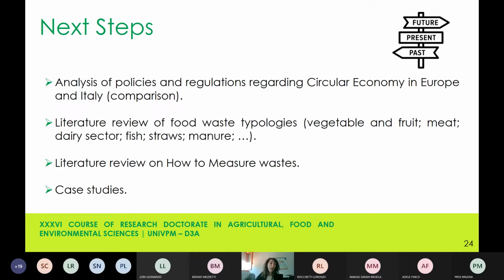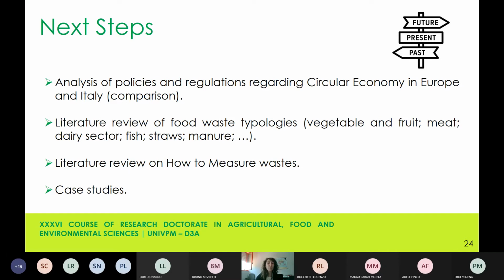So the next steps of my research will be, first of all, to analyze the policies and the regulations regarding circular economy and bioeconomy in Italy and in Europe, making some comparison, in particular with outbound countries, like, for example, as I said, China, that is at the top in terms of real application of circular economy. Then, obviously, it will be necessary to understand which concrete types of wastes we have available, so vegetables, fruit, meat, fish, etc., without leaving aside agricultural wastes like straw and manure, for example.